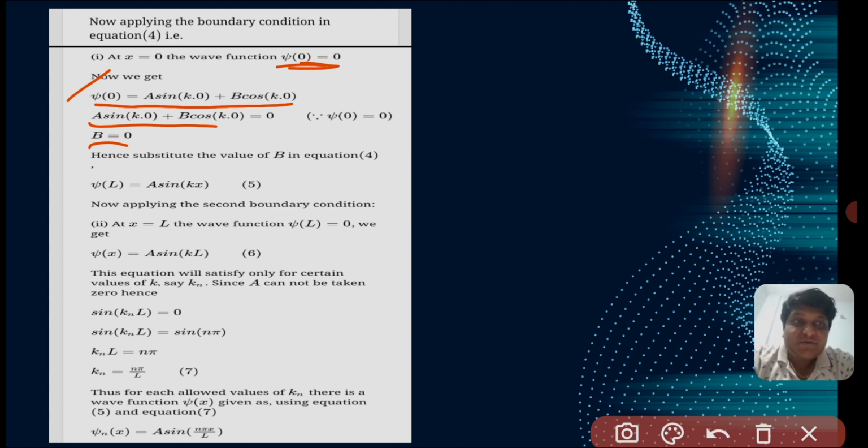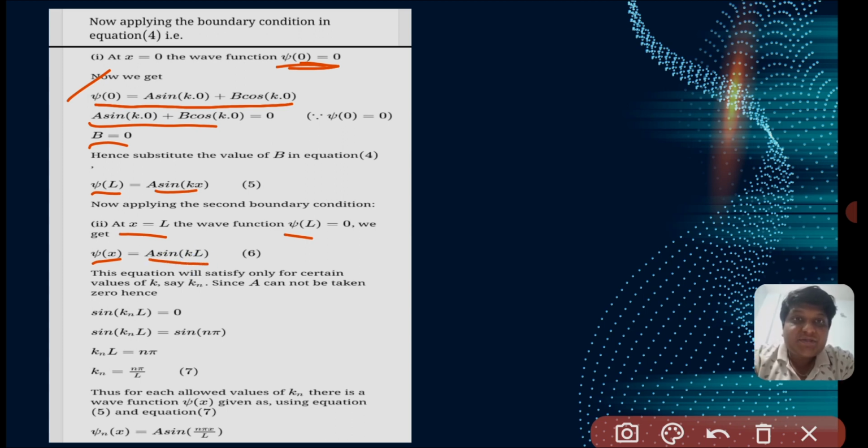Hence, substituting the value of B in the fourth equation, ψ(x) is equal to A sin(kx). Now applying the second boundary condition, at x is equal to L, the wave function ψ(L) is equal to 0. We get A sin(kL) is equal to 0.